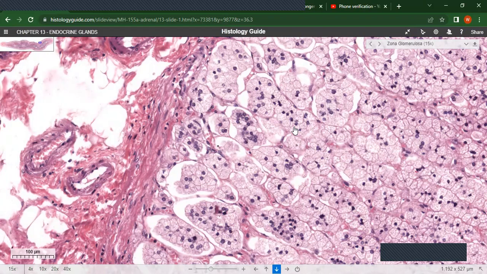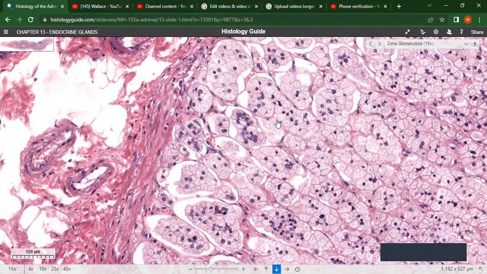So it usually secretes mineralocorticoids. Mineralocorticoids, an example is aldosterone. And it is usually stimulated by the angiotensin 2 hormone. The angiotensin 2 hormone stimulates it to produce the mineralocorticoids.